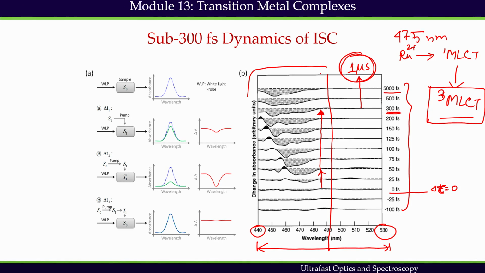This suggests that we have already prepared the 3MLCT state within the 300 femtosecond time scale, and the half life, if we consider it, is going to be almost 100 femtoseconds. So the intersystem crossing time scale is of the order of 100 femtoseconds, which prepares this triplet state.